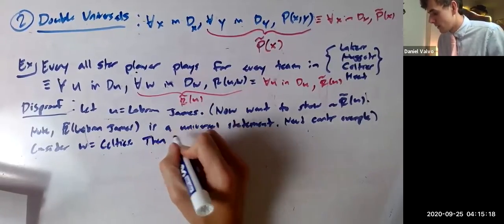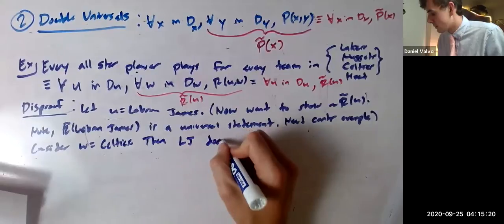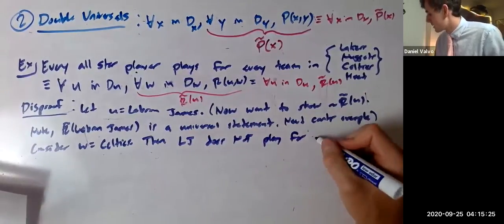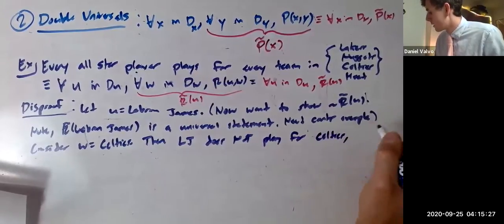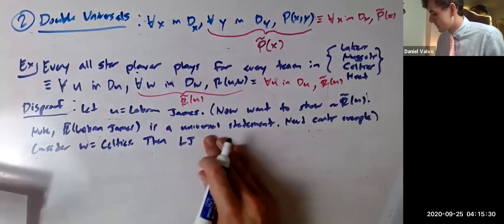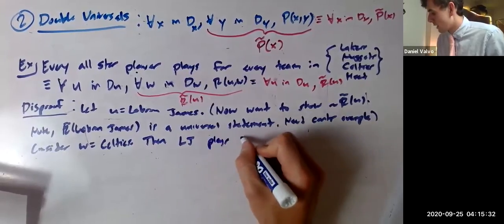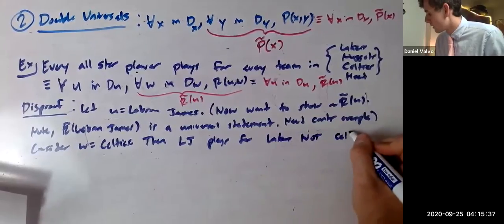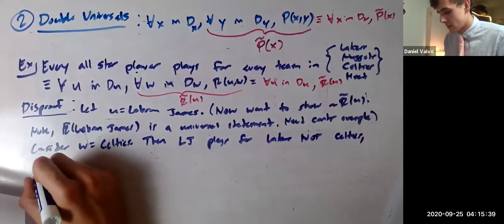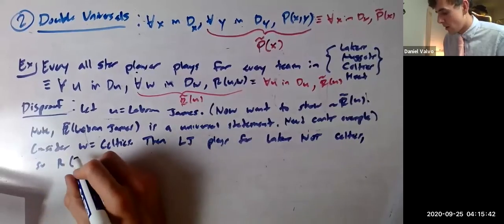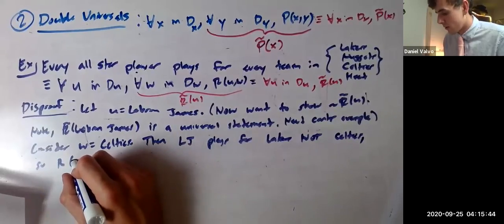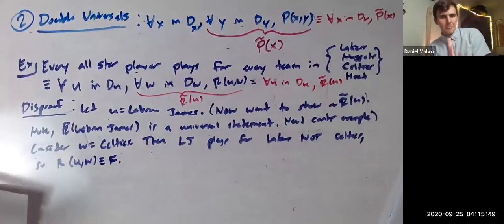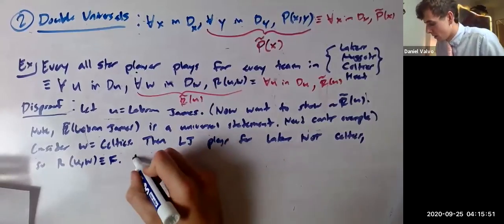Then LeBron James does not play for the Celtics. He plays for the Lakers, not the Celtics. So R of UW is false, just like we wanted to show.